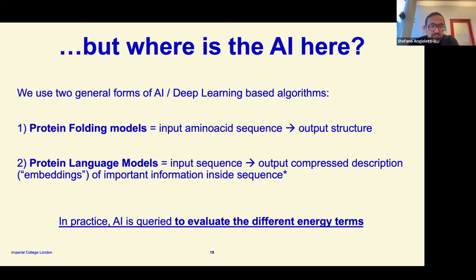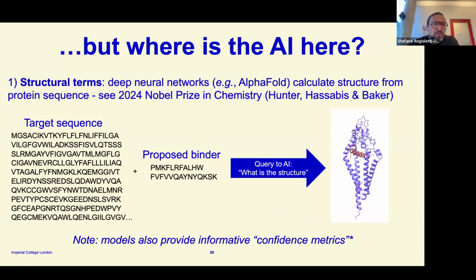In practice, artificial intelligence in a directed evolution approach is used to evaluate the different energy terms that end up in the model. For example, you might have structural terms. I might need to know the structure of the protein because I want to know which parts of two proteins interact with each other.